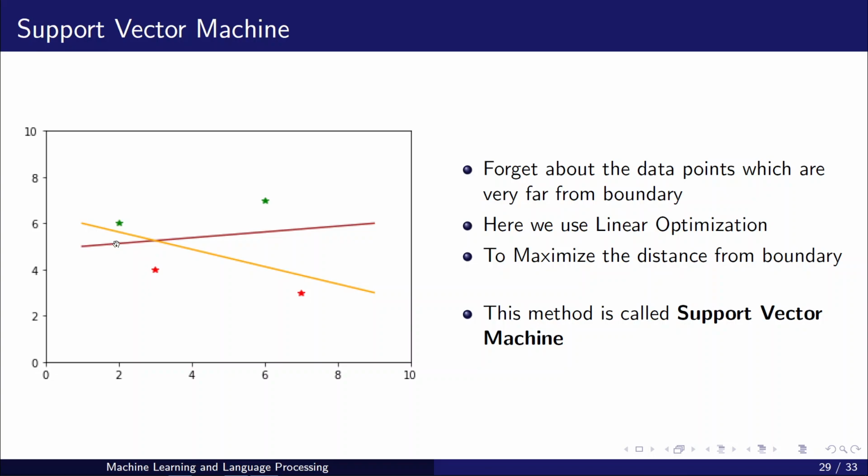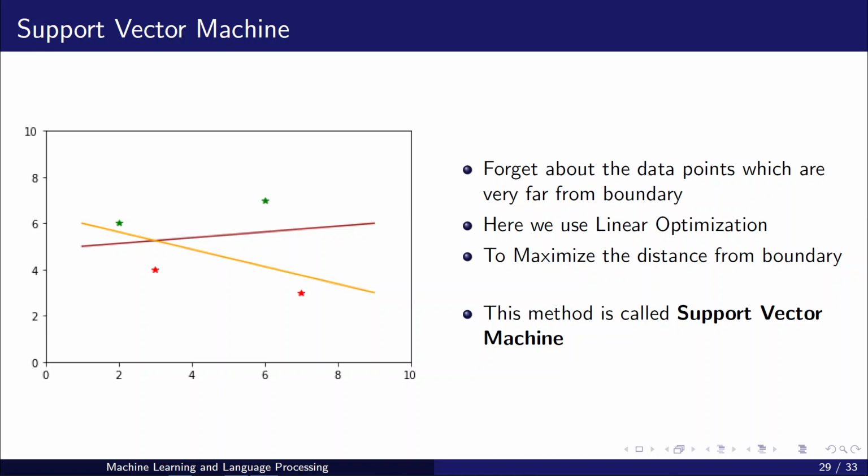This is how we do it. We start off with a line and check the distance, then again we alter it and so on. So we use linear optimization, and the distance from the boundary is maximized to the nearby data points, and this method is called support vector machine, and the nearby data points are called support vectors.